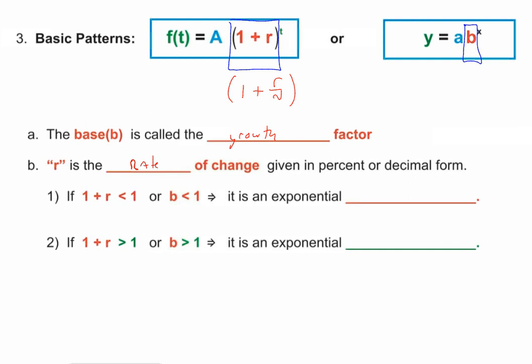And the bottom line is, when you add up everything that is the base, whether it's 1 plus r over n, or just the b, when you get down to what the whole base value is, if the whole base value is less than 1, then this is going to be a decay. Anything less than 1 to any exponent is going to give you a smaller output as you increase the input. However, if all that base together ends up being greater than 1, then it's going to be a growth.